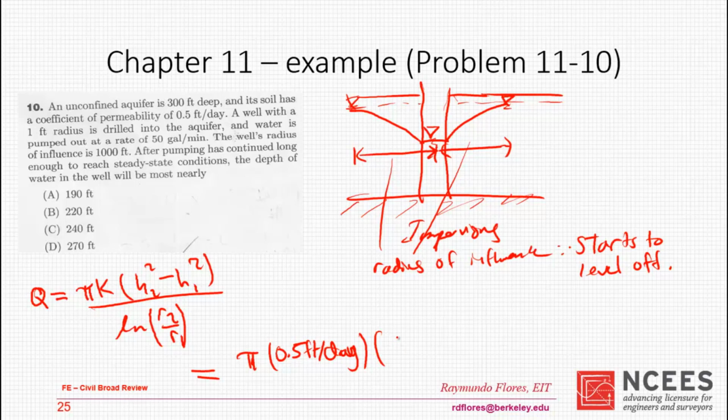And then h2 squared. Let's see, the well's radius, a well with a 1 foot radius is drilled into. The depth of the water in the well. Okay, so we don't know what H1 is, but we know what H2 is. It says it's 300 feet deep, so we see here that this is 300 feet deep.